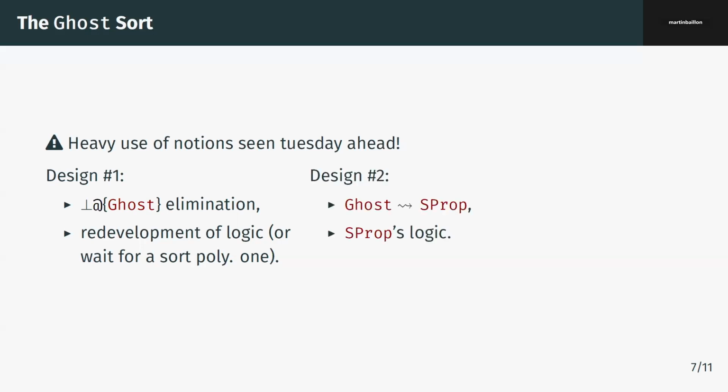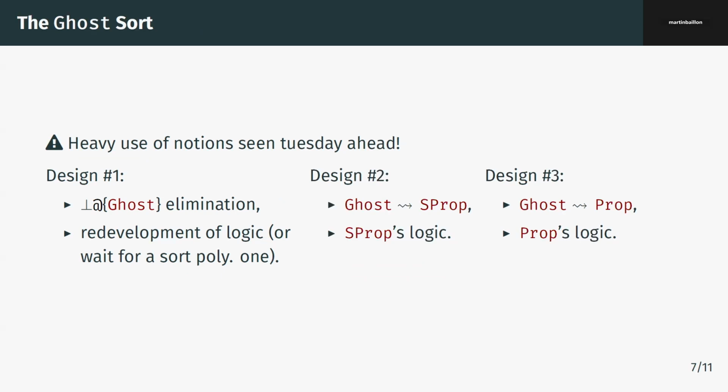The second design would be to have Ghost eliminating into SProp, and then we could use SProp logic and Ghost elimination inside proofs for strict propositions. And the third design we consider is Ghost eliminates to Prop. This is the most comfortable one because we could use it kind of everywhere in the proofs, with easy justifications.